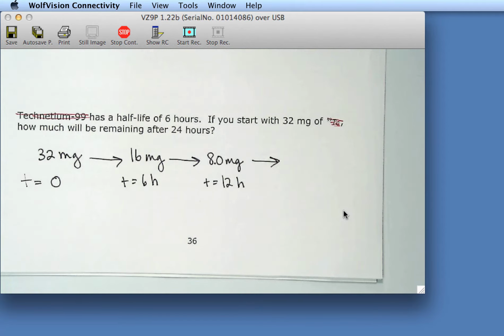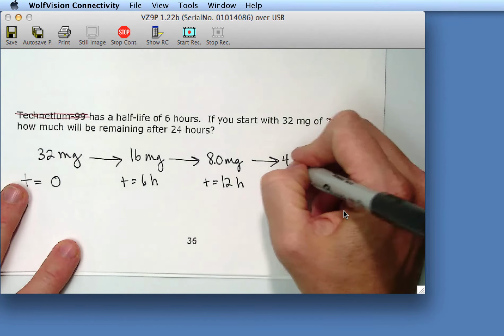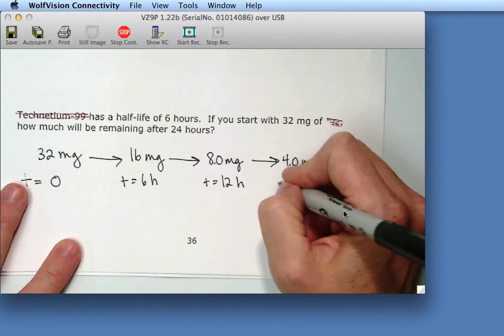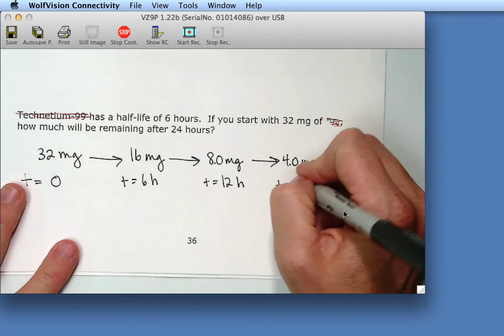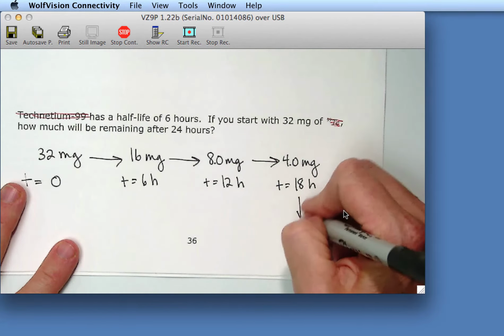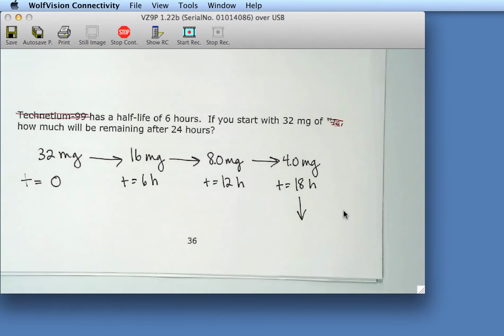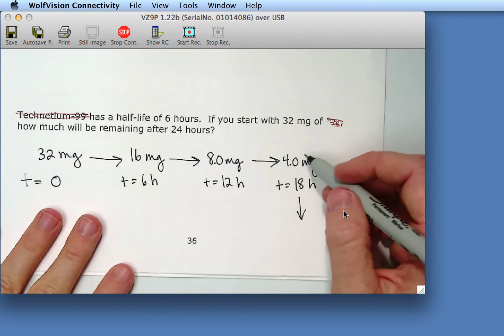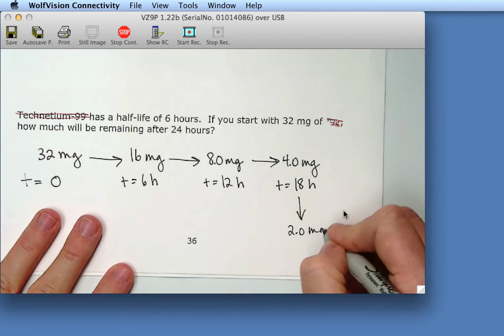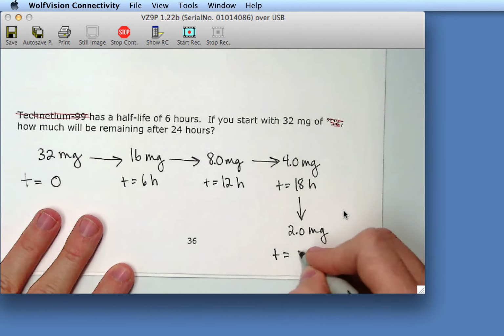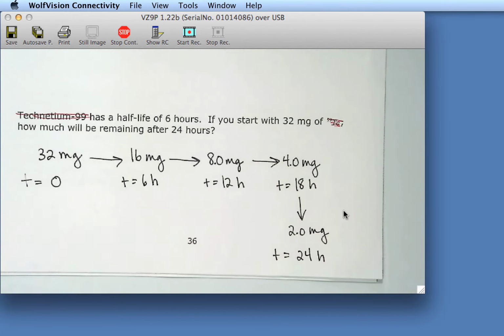What is half of 8? 4.0. And then, what's the time? 24 hours.